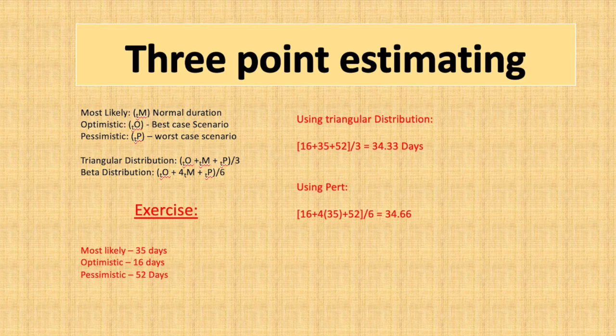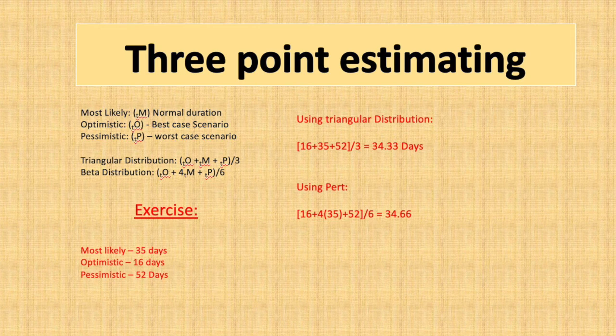So we use PERT technique if we want our answer to be more toward the most likely parameter. So let's do an exercise. We have an activity that will take 35 days most likely, and optimistic duration is 16 days, pessimistic duration is 52 days. So we will use triangular distribution.